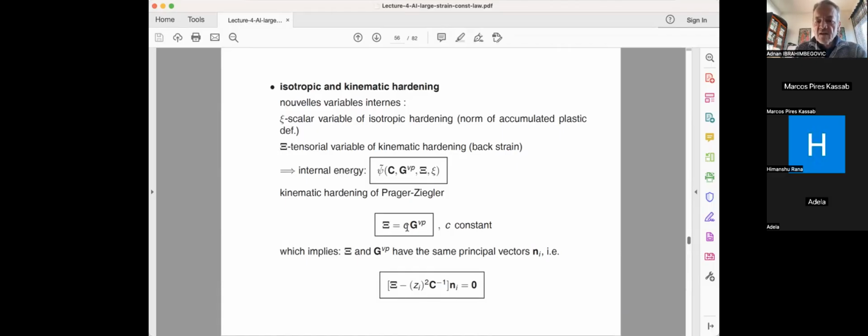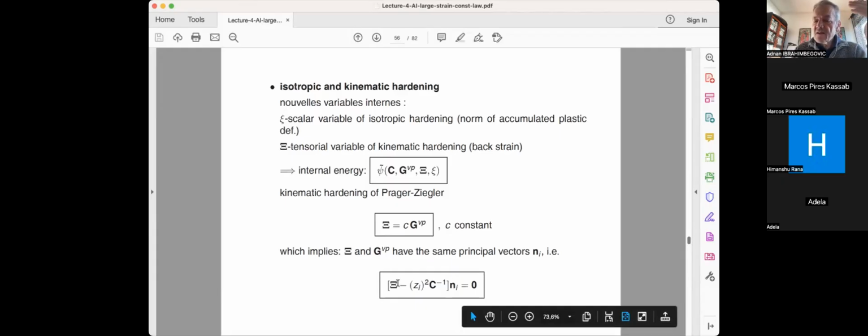And you assume that there's some kind of hardening variable, which is sort of strain-like, which is proportional to the plastic deformation. So there's a C, which is a constant of proportionality. And so when you say proportional, that means both G_VP and the hardening share the same eigenvectors. So I can write this C minus Z_I squared, C to the minus 1 as a metric, all multiplied by N_I equal to 0.